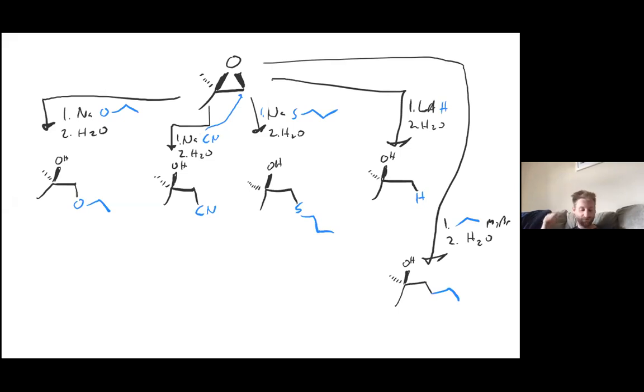So all of these are adding at this primary center. You can say it's all neutral. There's pretty much either sodium as a counterion for all of these, some sort of magnesium bromide, or this lithium from this lithium aluminum hydride. They all have some sort of counterion to them. They're just going to act as nucleophiles. They're just going to come in, attack at this less substituted center, and open your ring.